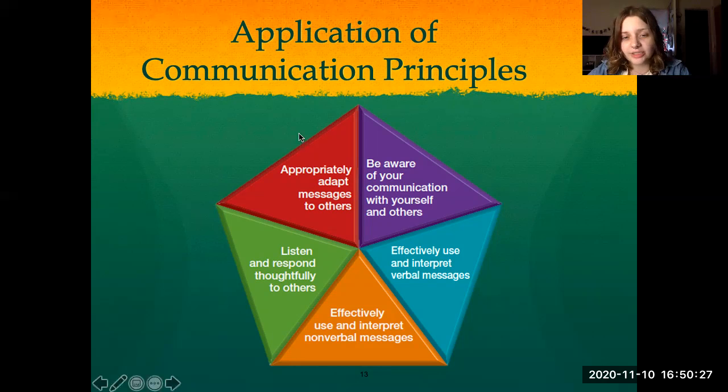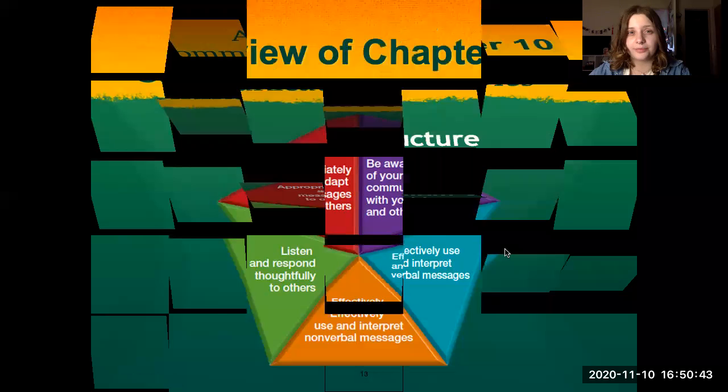As you continue within the project, always keep in mind the communication principles that we learned. Always be conscious of your verbal messages and your nonverbal messages, listen and respond thoughtfully, and then adapt your messages as you go.